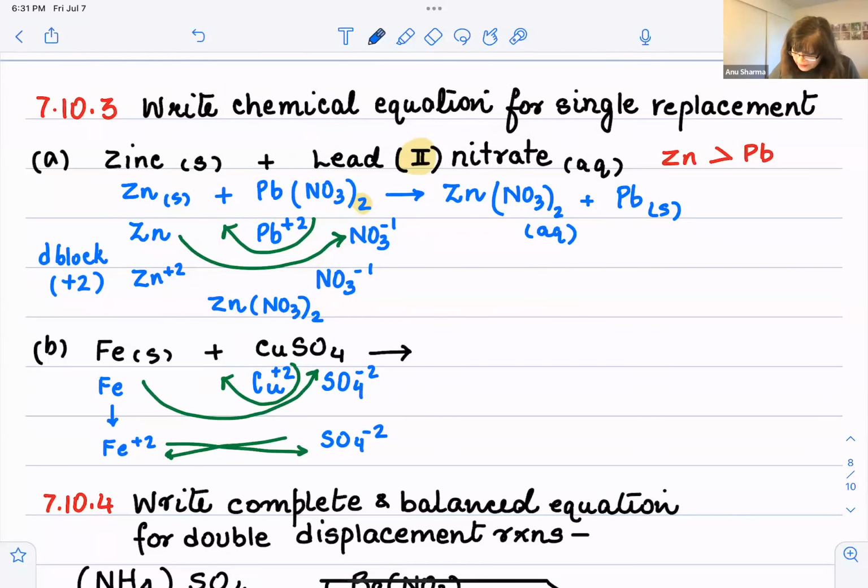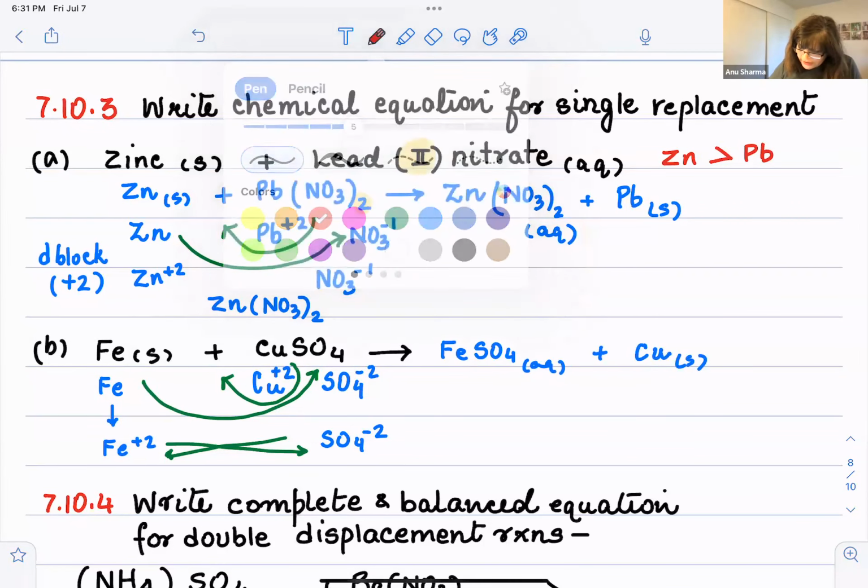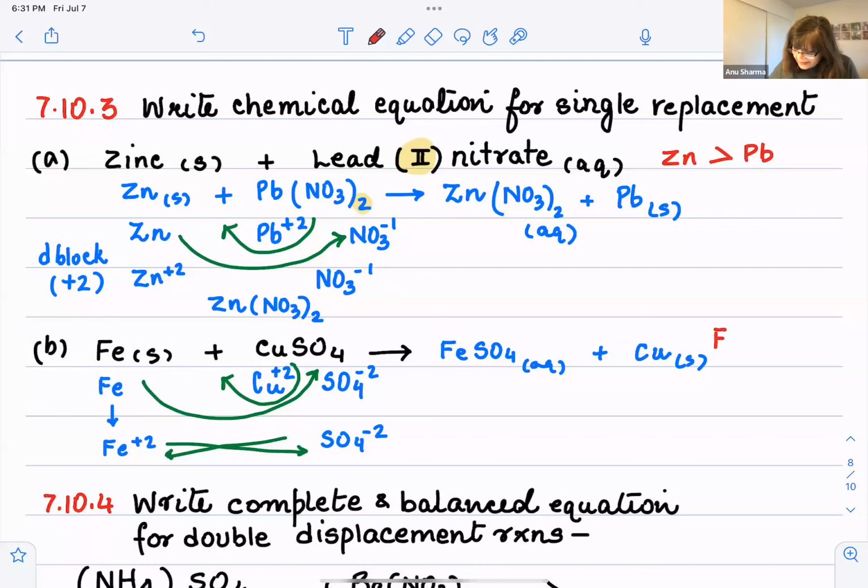This would be iron sulfate, FeSO4, and all sulfates are soluble in water. So this is going to be aqueous, plus you will have copper released as a solid. And why is this reaction working? Because iron is above copper in the activity series.